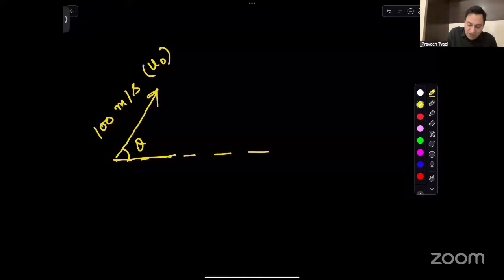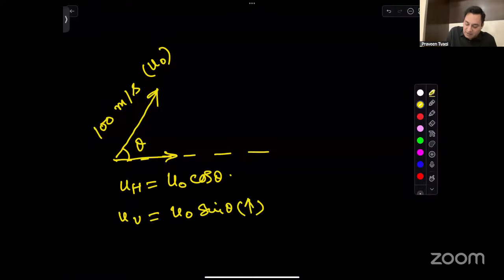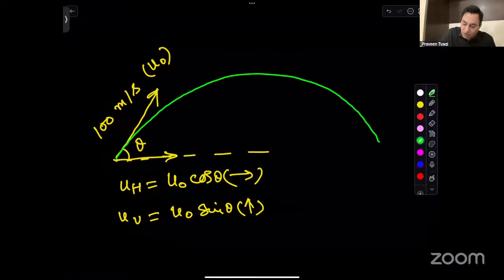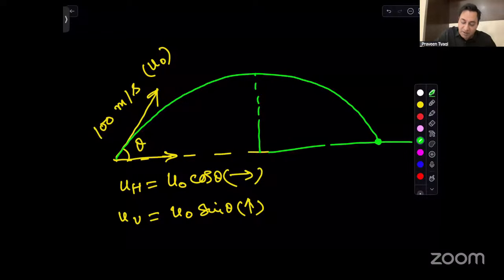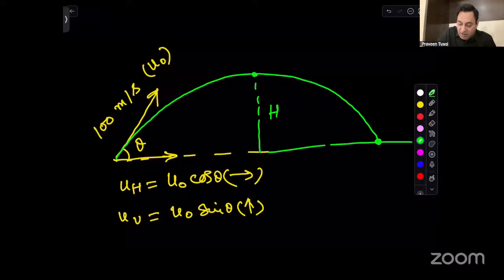So the initial horizontal velocity will be u naught cos theta. Initial vertical velocity will be u naught sin theta, which will be upwards, and this is towards right. And this stone will move like this and fall down on the ground somewhere. And suppose the first part is, I want to find the total time of flight, or I want to find the maximum height attained, H max.